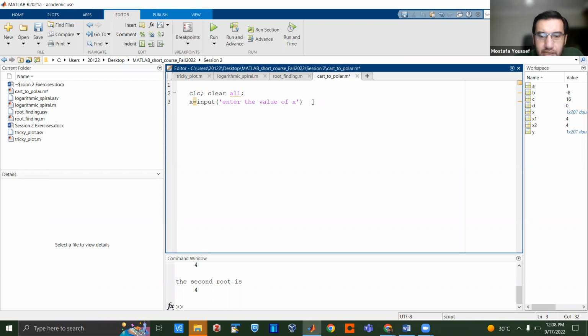And similarly, you can say y equals input, and 'enter the value of y'.